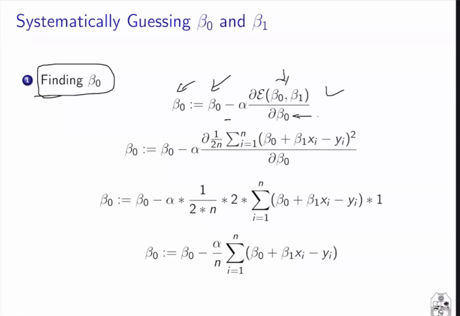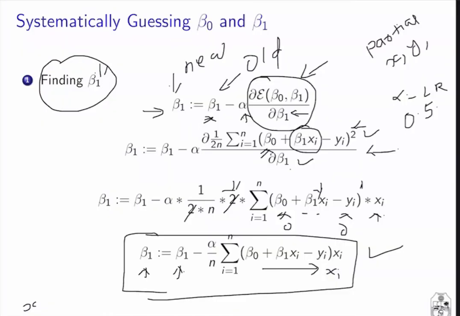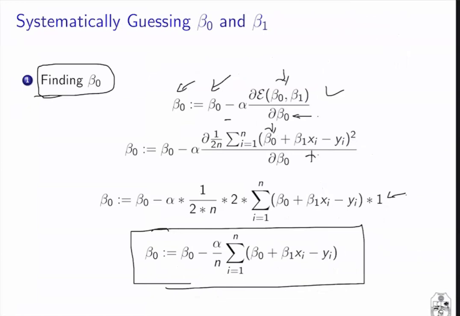Now when we take the partial derivative of this term with respect to beta 0, it has coefficient 1, that's why we have taken the 1, and this is the value of beta 0. The new value of beta 0 is calculated from the old value of beta 0 minus alpha divided by n. This term and the previous term have only one difference. Here we have multiplied this term by xi, and here we are not multiplying it by xi.